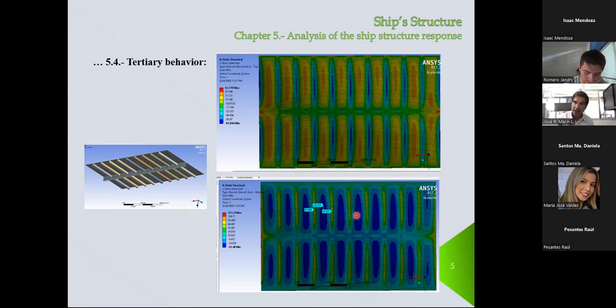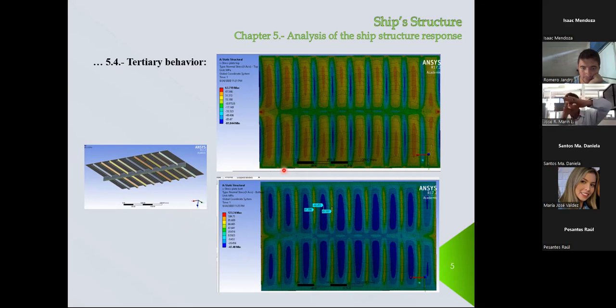In the bottom, remember this is bending, so you have the opposite sign for the stresses. For example, in the central part of the plate, this was positive, and you see here this is blue, negative. So the plate bends: on the top, compression; on the bottom, tension.